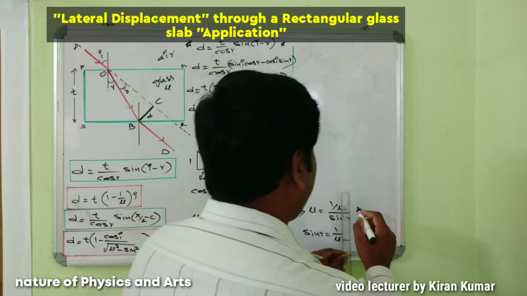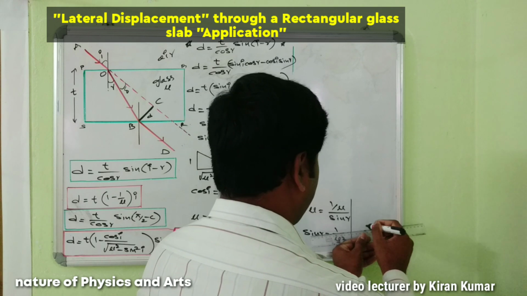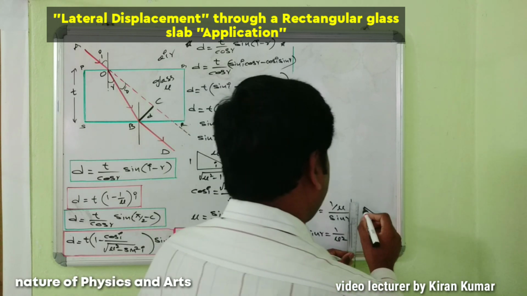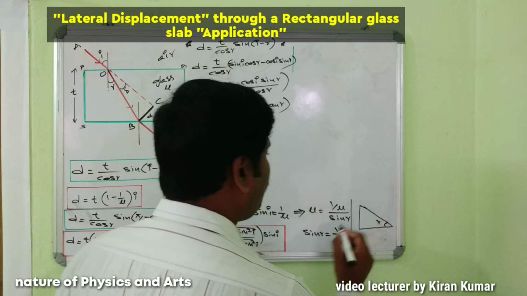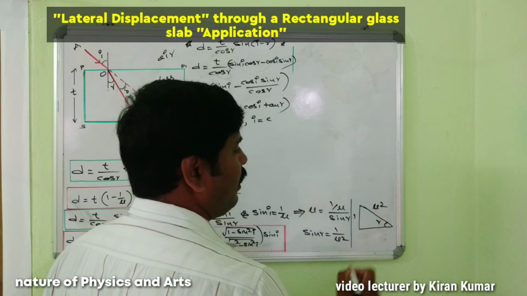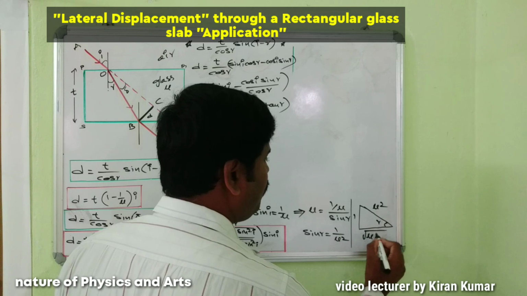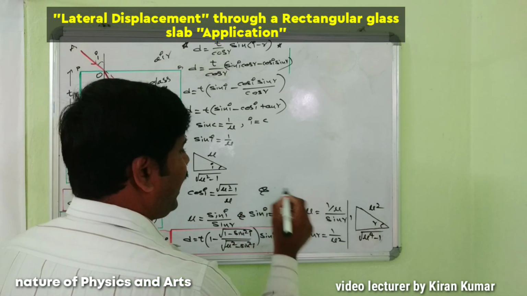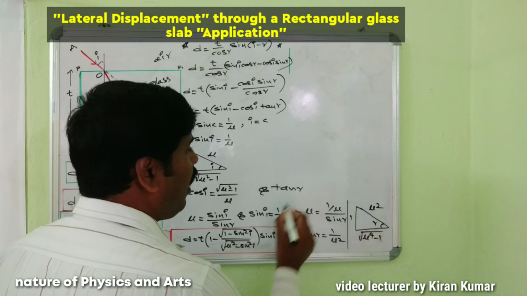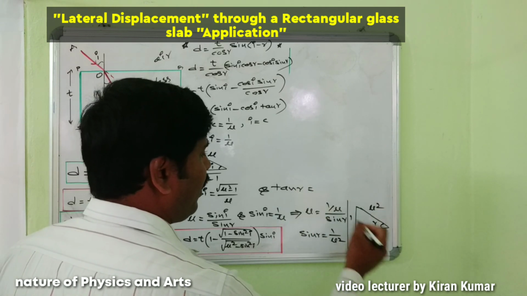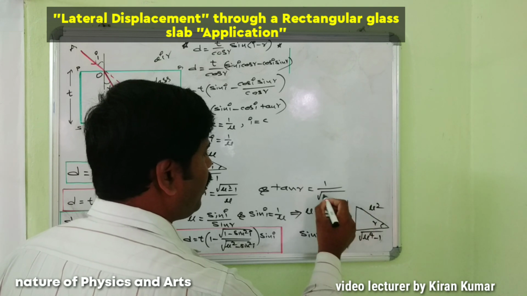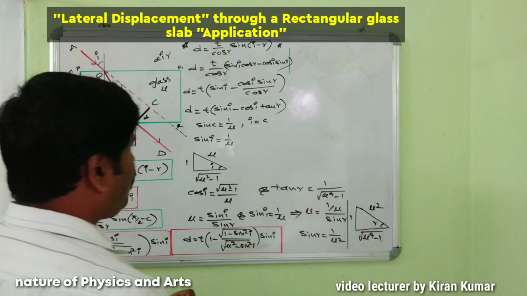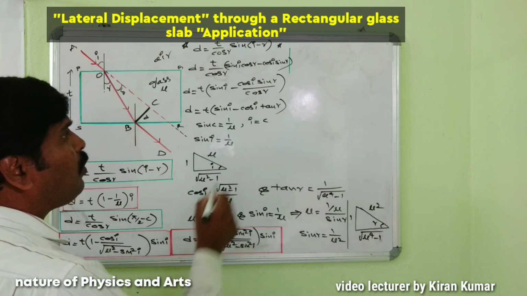See, considering a triangle, this is the refracted angle r, and sin r is equal to 1 by mu square. So now the adjacent side value is root over mu to the power of 4 minus 1. So we can write here the tan r value, tan r is equal to 1 divided by root over mu to the power of 4 minus 1. Totally we got the three required values: sin i, cos i and tan r.